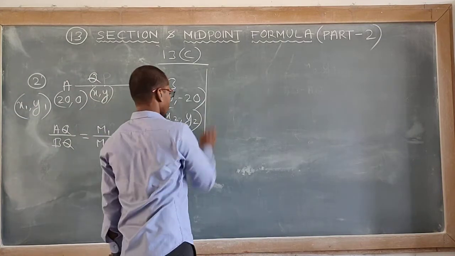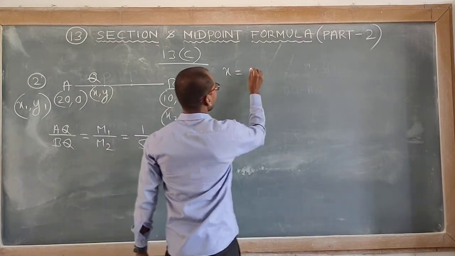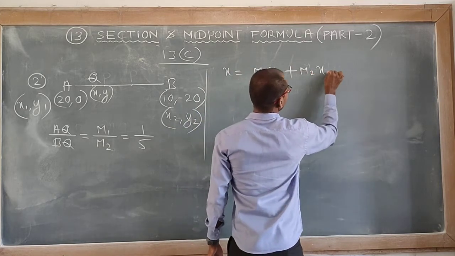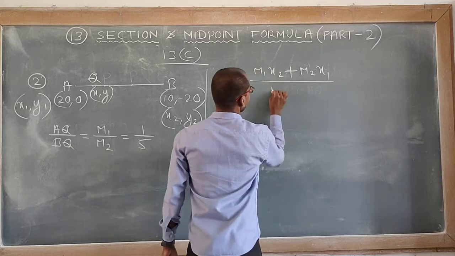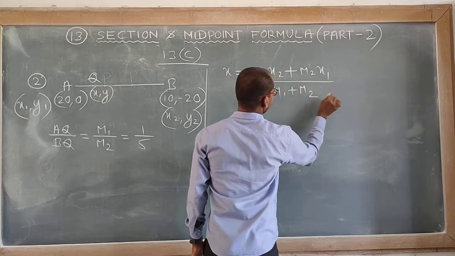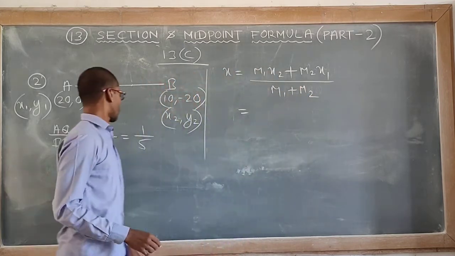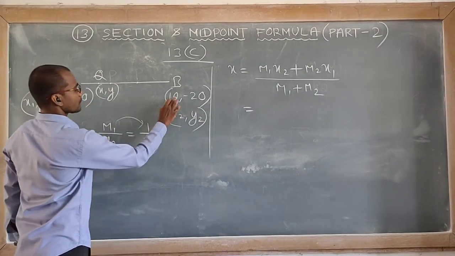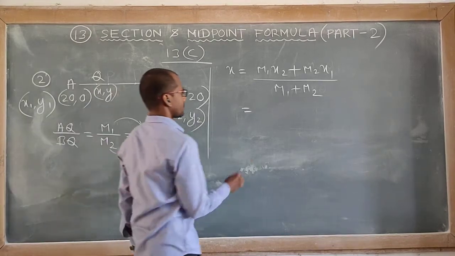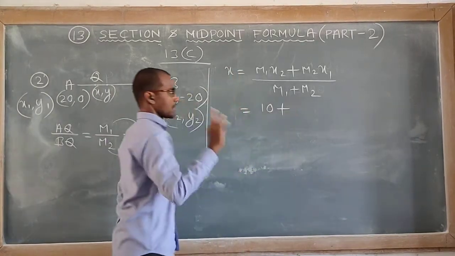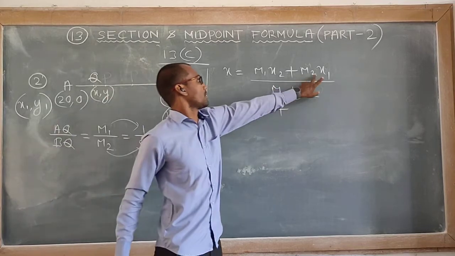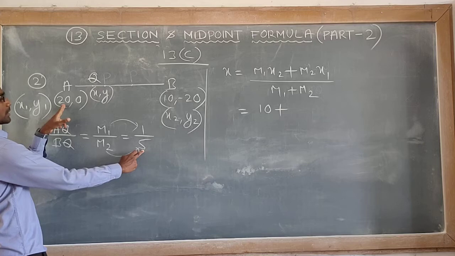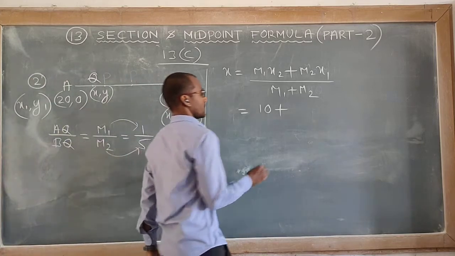Again use the formula. X is equal to M1 x2 plus M2 x1 by M1 plus M2. What is M1 x2? This is M1, this is M2. 1 into 10 is 10. M2 x1 means 5 into 20, which is 100.